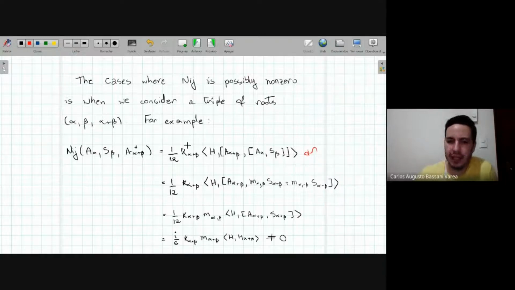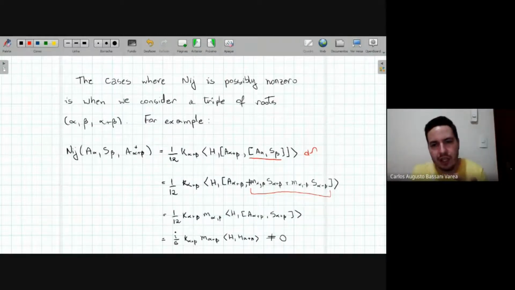Then the Lie bracket between these two elements is given by this expression here. But you can use the bilinearity of the Lie bracket, and A alpha plus beta with S alpha minus beta will be 0, so it will remain just this one here.